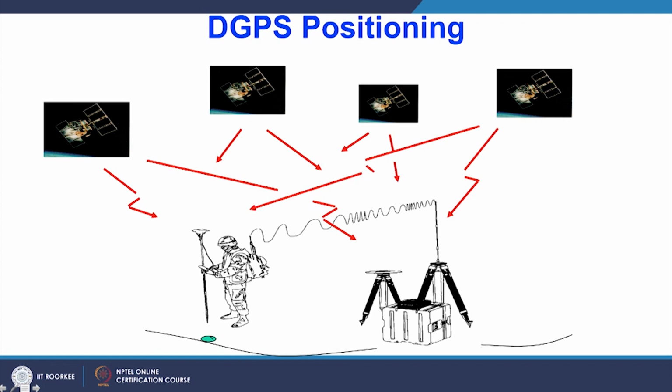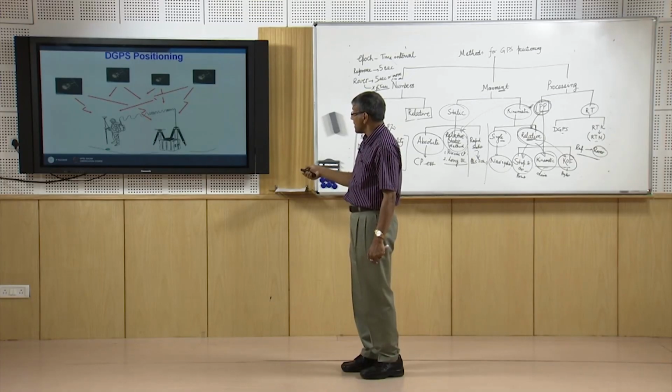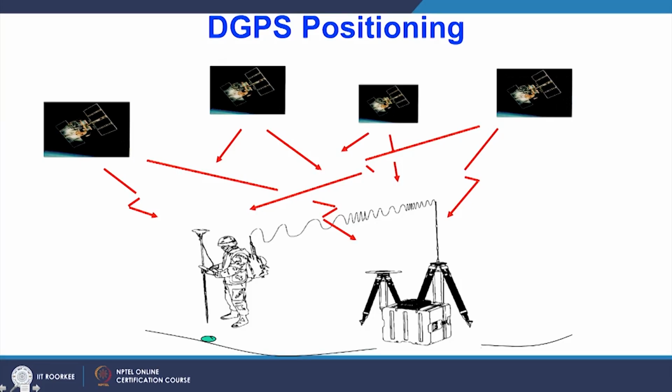As the rover point is unknown, as the signals are coming, the reference will compute its position. The difference between the already known position and the computed position is the error. That error and some other parameters are communicated through this radio to the rover, and it is assumed that the error available at the reference position will be the same as that of the rover, and the rover will compute its position, make this correction and give the position in real time.